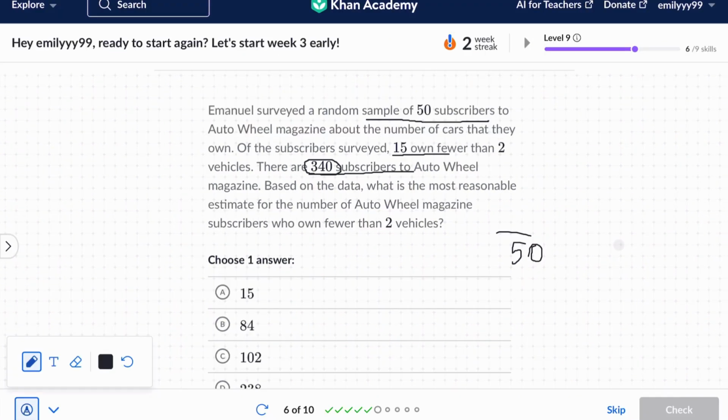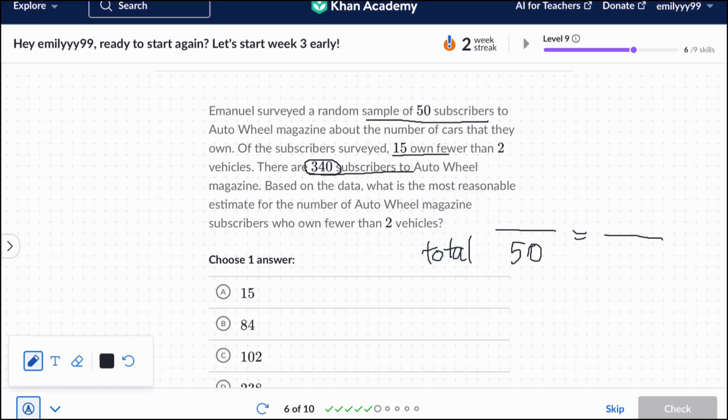When we do these proportions, we make sure the same set of data is on the denominator, and the same is on the numerator. So for this one, the total is the denominator, and the numerator is the number of people who own fewer than 2 vehicles. So that would be 15 up here. The total is 340, and then this is x.